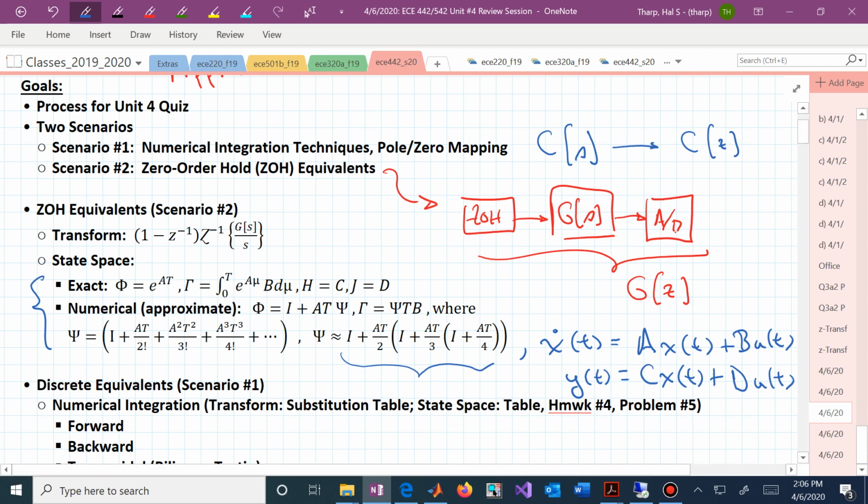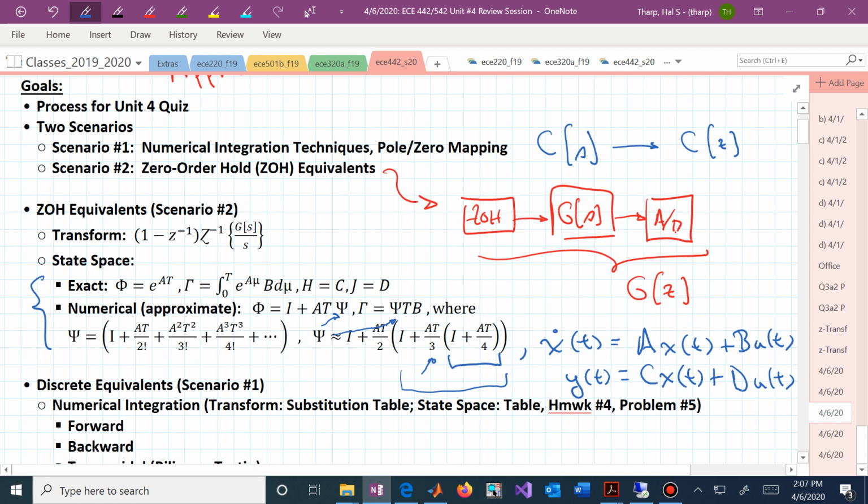That would be the same as this nested set of expressions where we start with the inner set, I plus AT over 4, then we pre-multiply that by AT over 3, add the identity matrix, and then from that combination, scale that by AT over 2, and finally add the identity matrix to that, and that gives us our psi matrix. Once we have psi, we can plug it in to obtain phi, and we can also plug it in to obtain gamma.